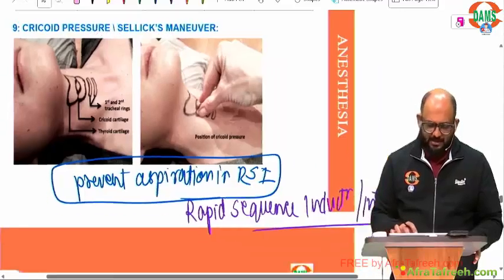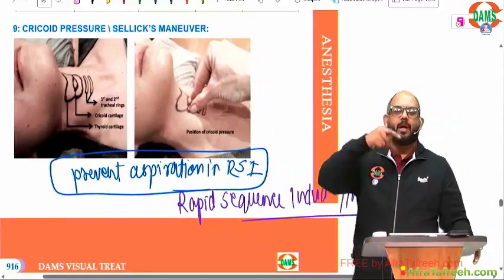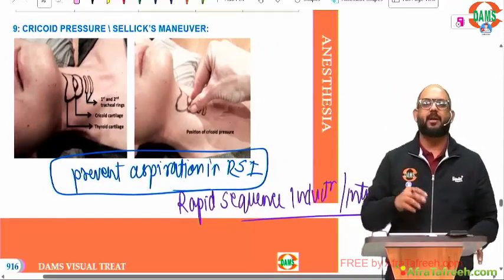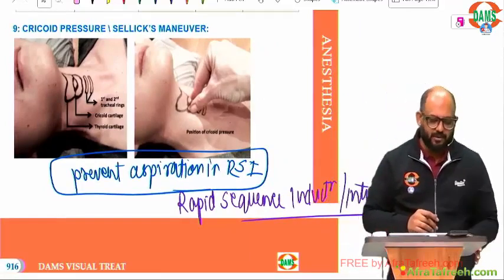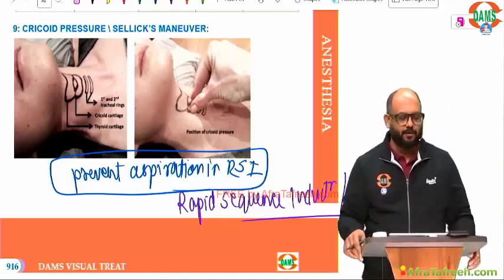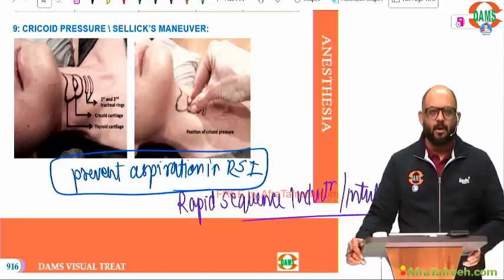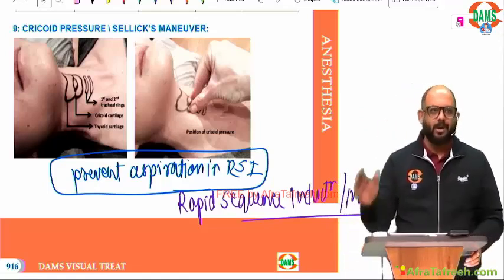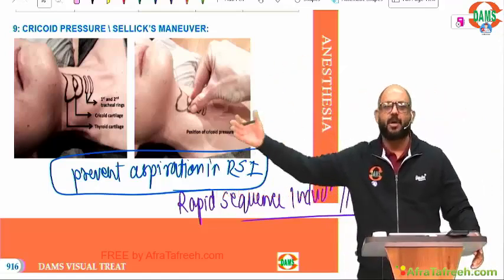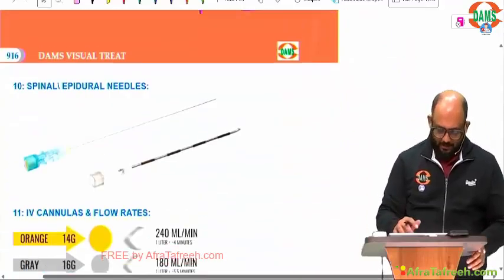Where do you give the pressure? The name is only telling you: cricoid. You push the cricoid posteriorly, which blocks the upper end of the esophagus. So cricoid pressure. You might get an image or a question on RSI.